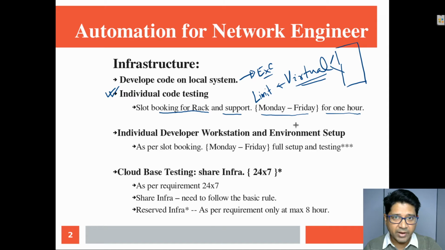There will be racks, routers, switches, firewalls, and VPN boxes available on the network rack infrastructure. You can run your automated code and see how quickly it works. This is dedicated to individual progress and development.